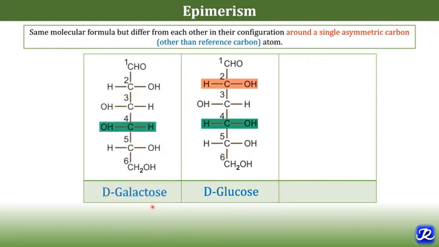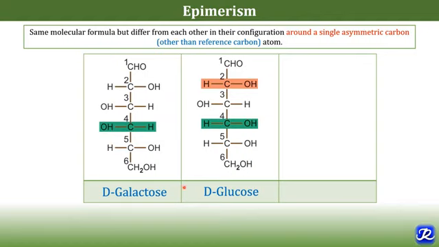And this is the structure of D-galactose. The structures of D-glucose and D-galactose are almost the same except for one difference. Where is that difference? At the 4th carbon. In glucose, the hydroxyl group is present on the right side, while in D-galactose, the hydroxyl group is present on the left side.